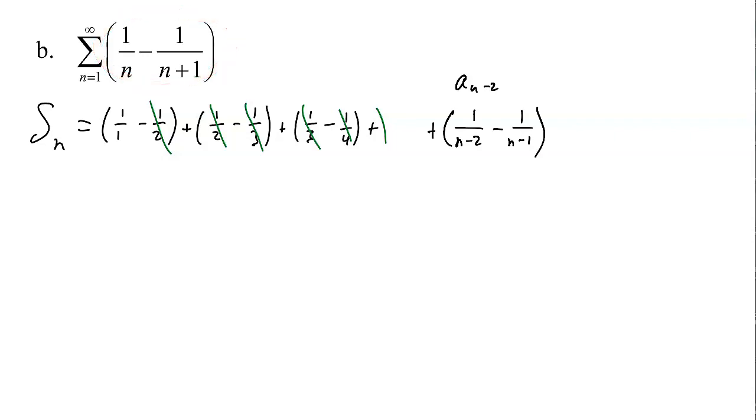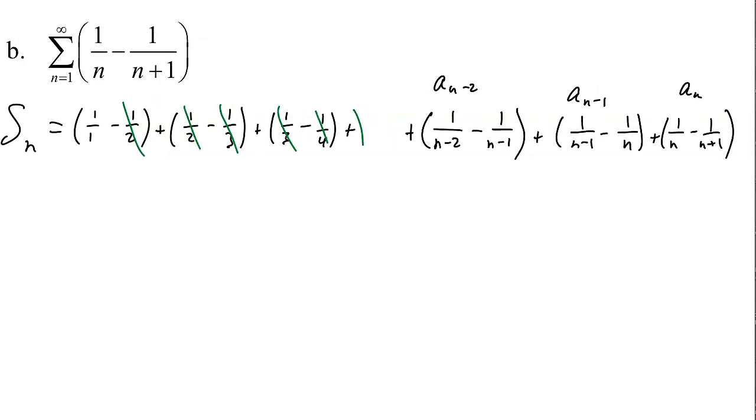And then I'm going to find my plus a subscript n minus 1. So 1 over n minus 1 minus 1 over n. Plus, here's my a sub nth, or my last term, 1 over n minus 1 over n plus 1.